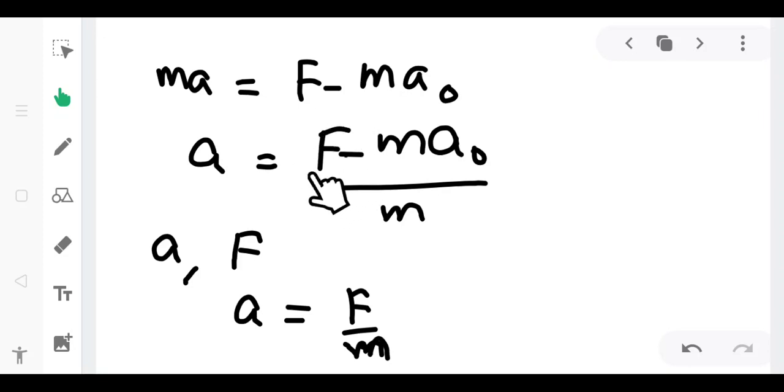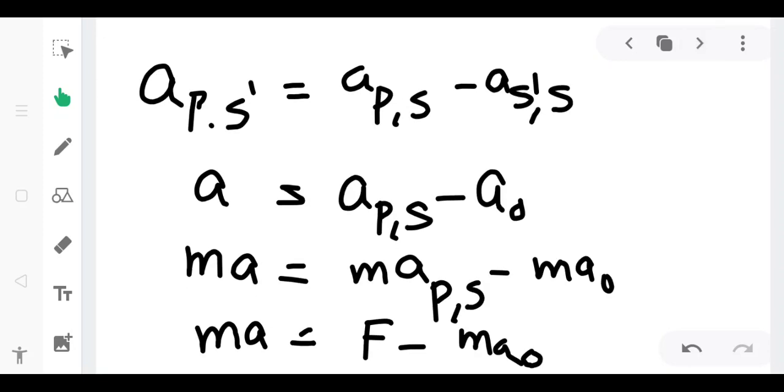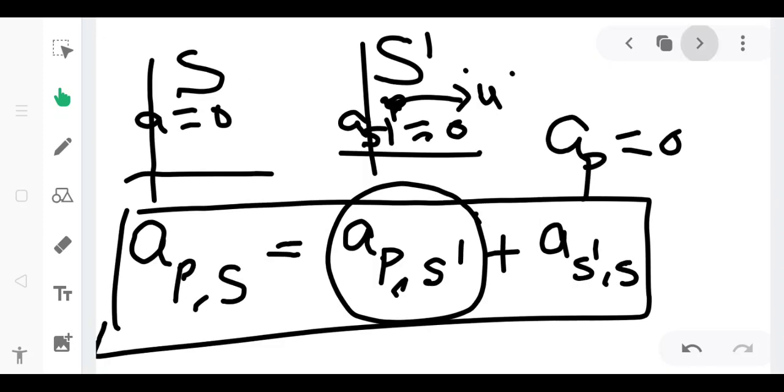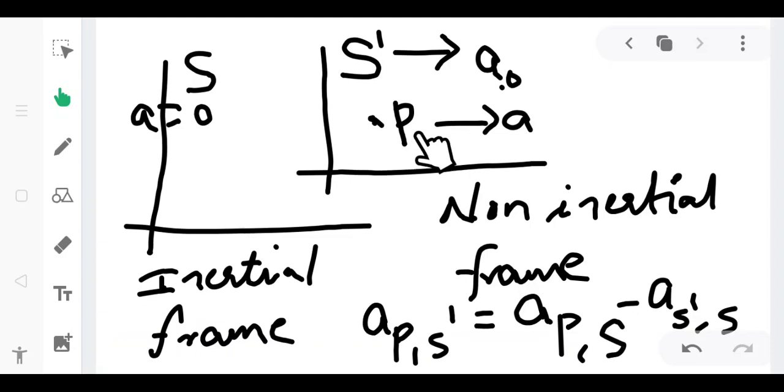From this net force we have to subtract m a naught, then this total quantity is the net force acting on a particle which is present in a non-inertial frame of reference. So this is a particle present in the non-inertial frame of reference S dash. Then the net force acting on this particle will be F minus m a naught.